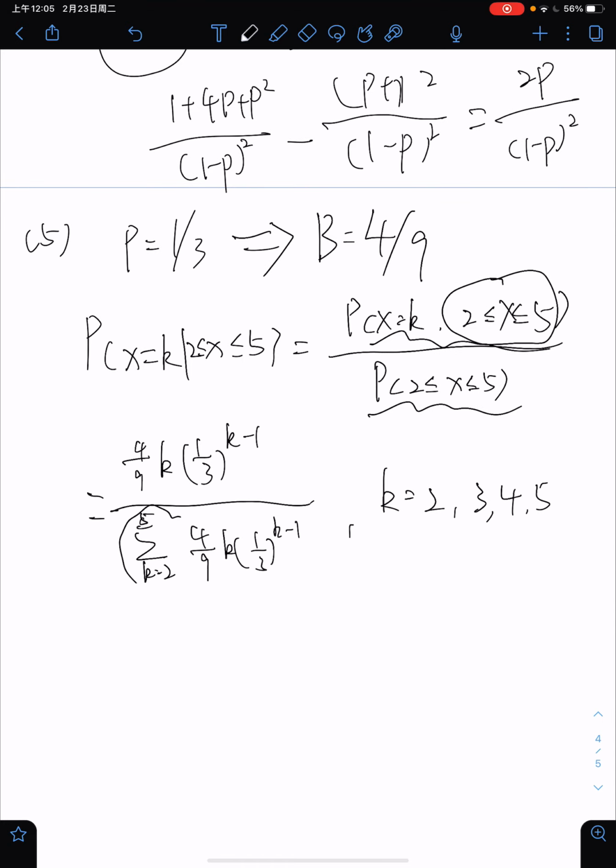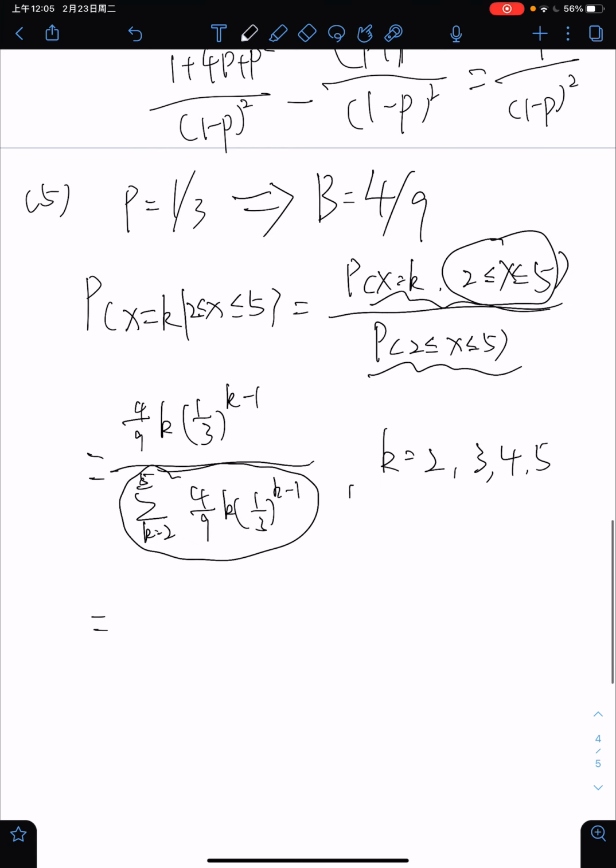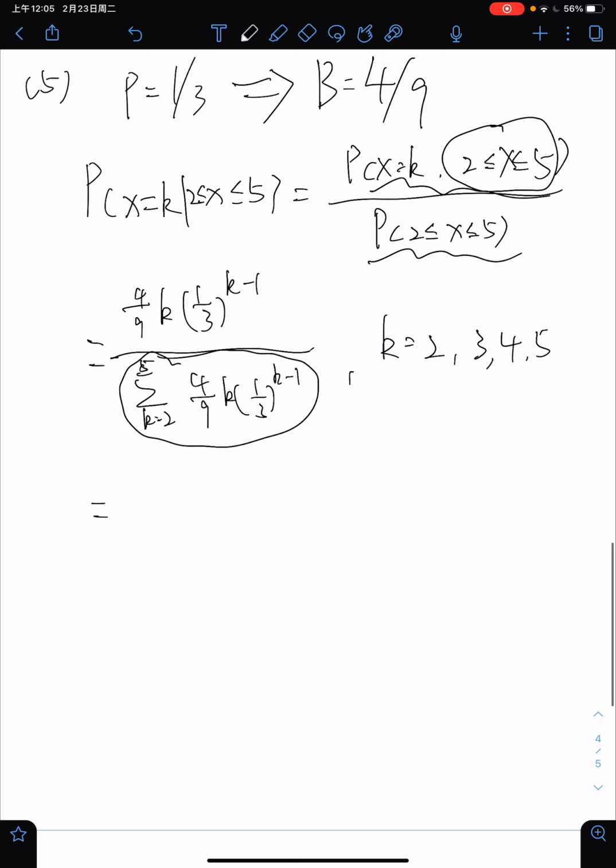And we know this part we can calculate, but it's a little bit hard, but we can get the result. Here is not the exact value.